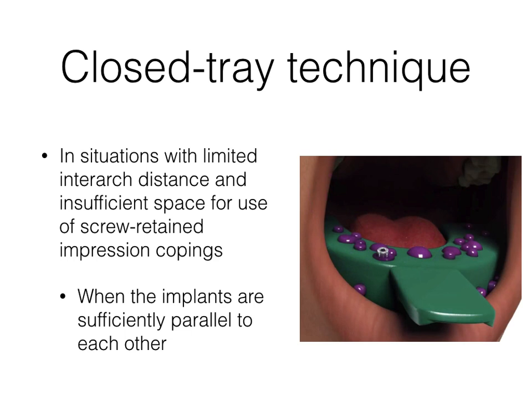Also, if the patient has limited mouth opening, or the implant location is in the posterior area, sometimes you may need to use the closed tray technique. However, you have to check the parallelism between the implants if you want to use the closed tray technique, because the angulations between different implants will affect the accuracy of the closed tray technique.